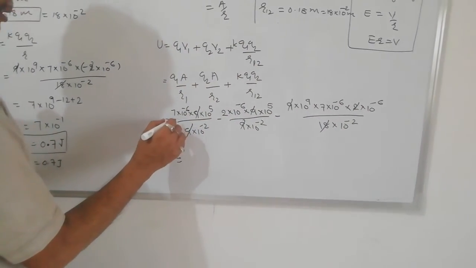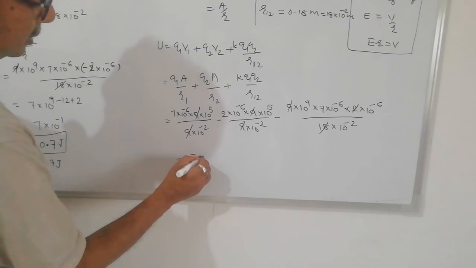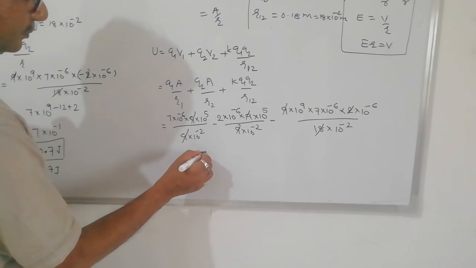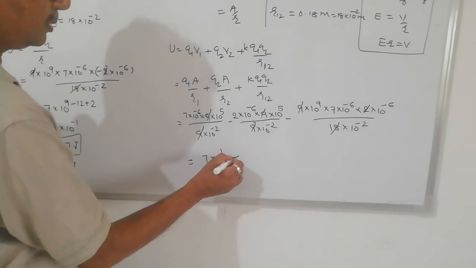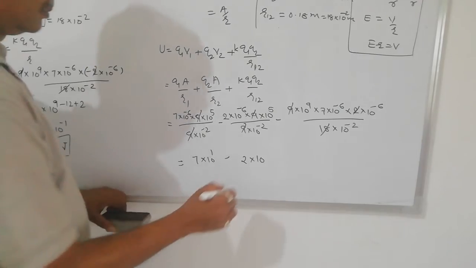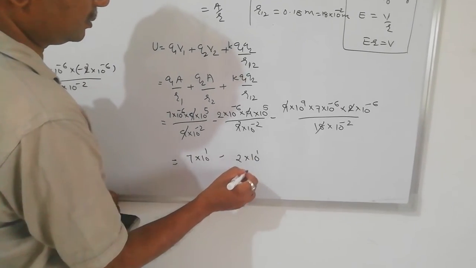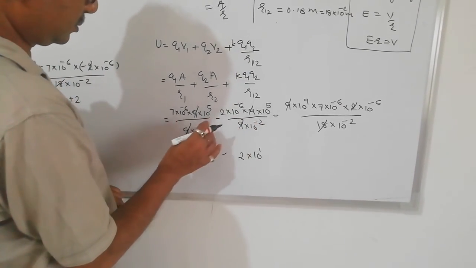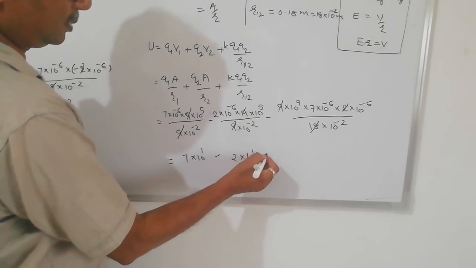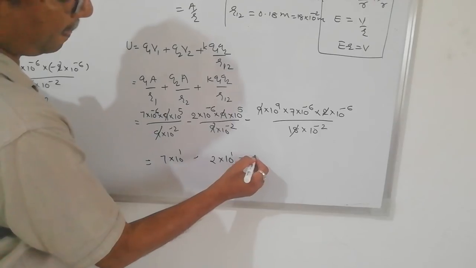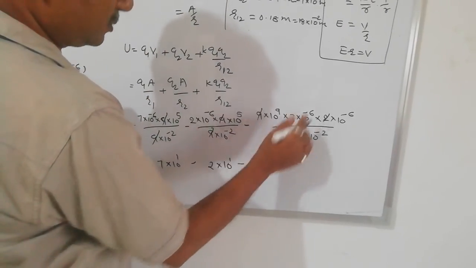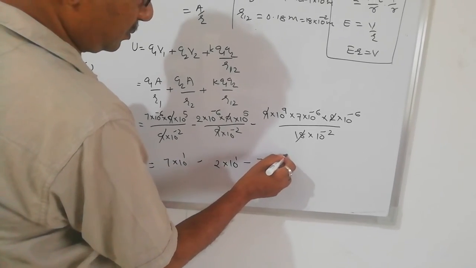So here 7 into minus becomes plus, 7 into 10 raised to 1, 2 into 1, 6 plus 5 plus 2, 7, 1 minus, 7 into 9 plus 2 minus 1.